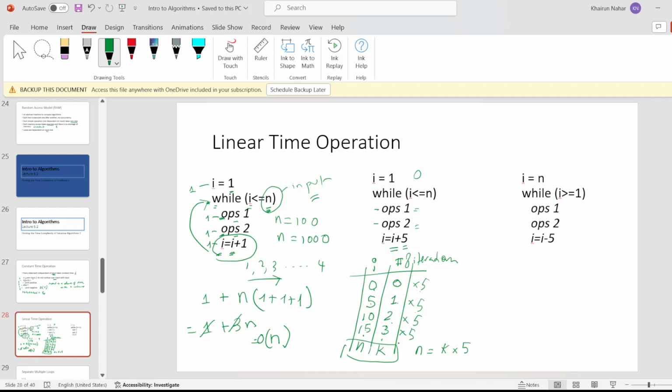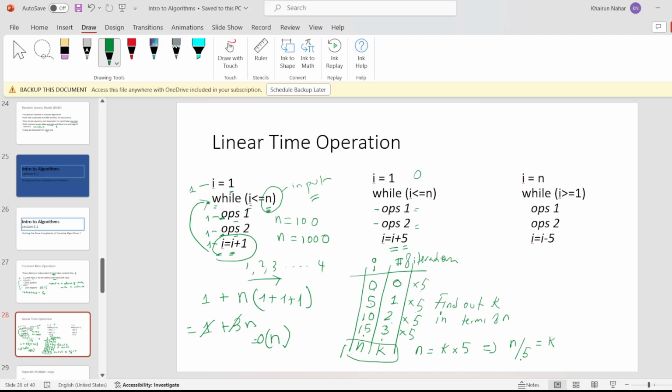So we can say n equals k times 5. এখন আমাদের কাজ হচ্ছে find out k in terms of n. So এখান থেকে আমি যদি k কে সাবজেক্ট বানাই তাহলে আমি কি পাবো? n by 5 equals k.